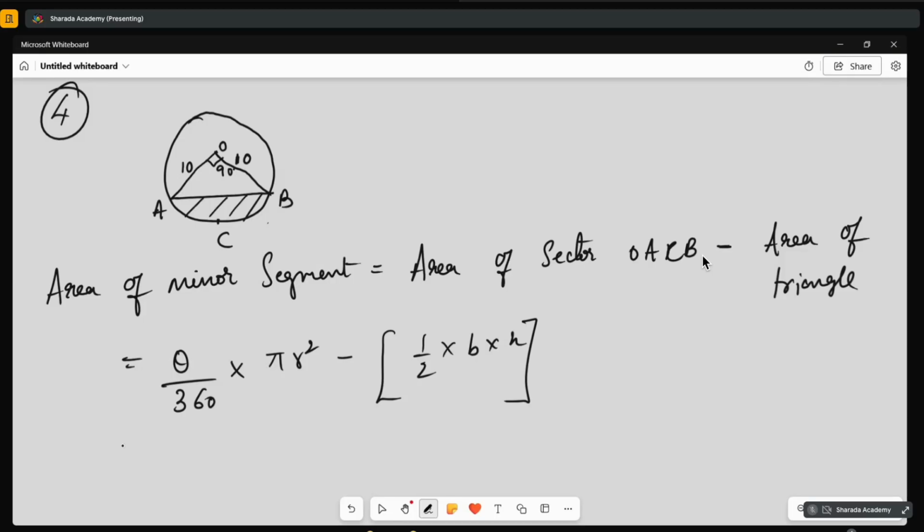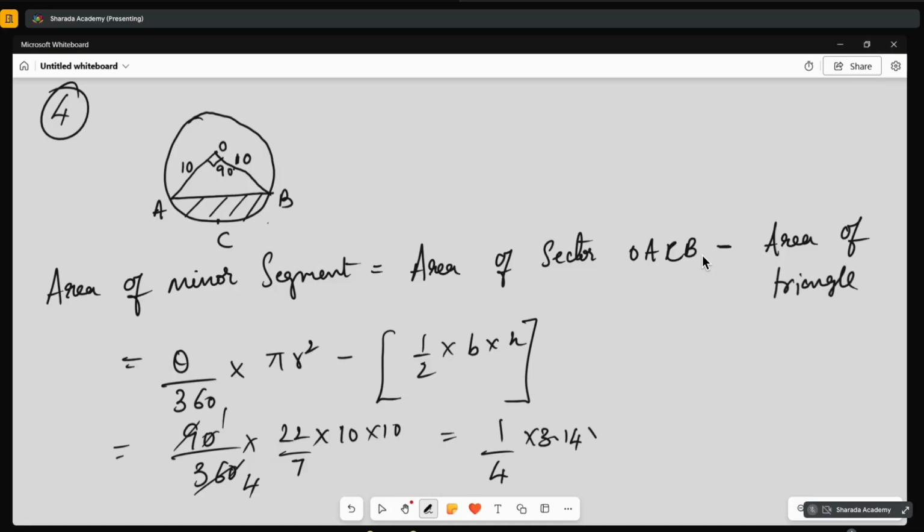Sector area, how much will you get? 90 by 360 into 22 by 7 into radius 10 into 10. 1 by 4, so 1 by 4 into this, I'll take it as 3.14 into 100. Okay. So 25 into 3.14. Okay. Now half into base into height.